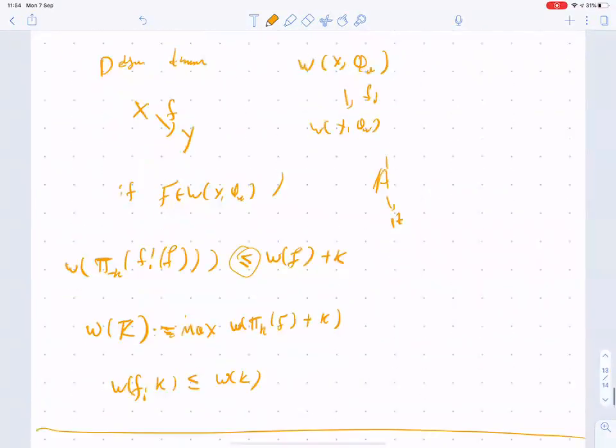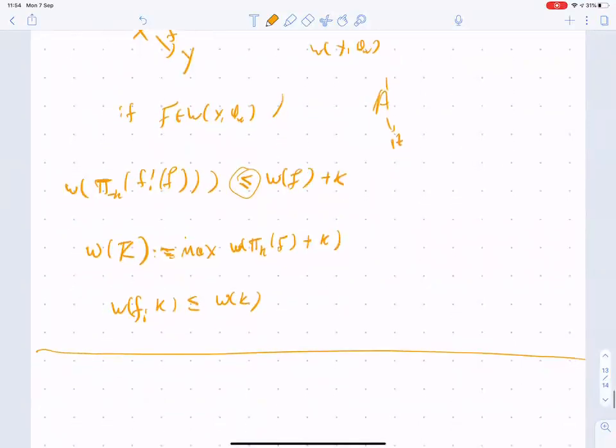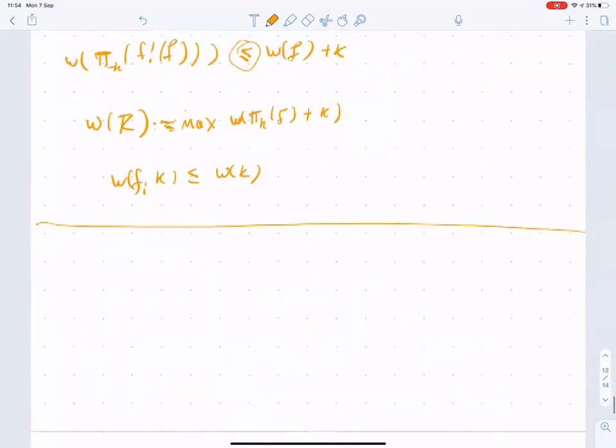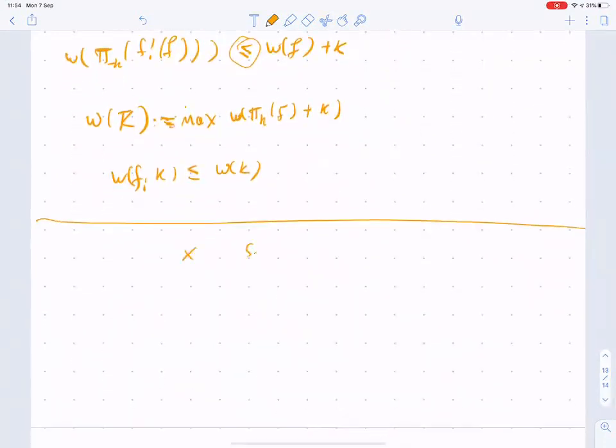So, let me start with how we get from this statement to the statement that we want. How do we bound the weight from the other side? Well, if X is smooth and proper, W(X, Q_l) is going to have a Poincaré duality.